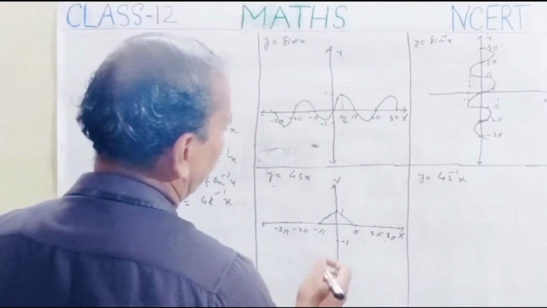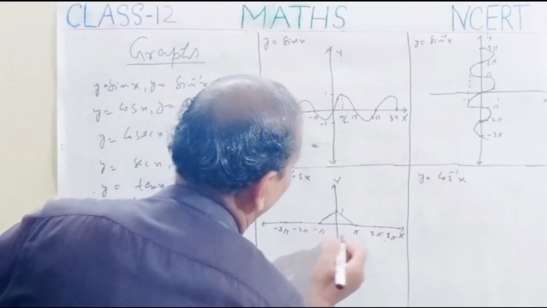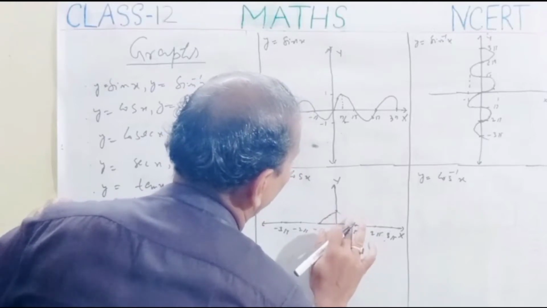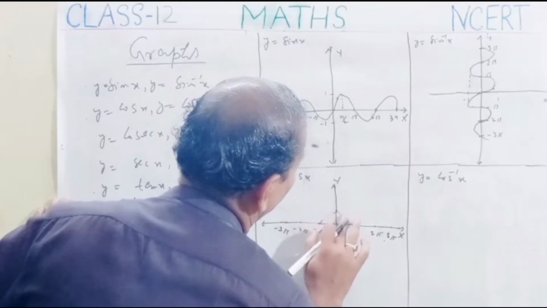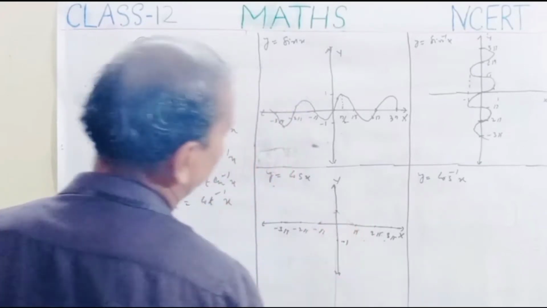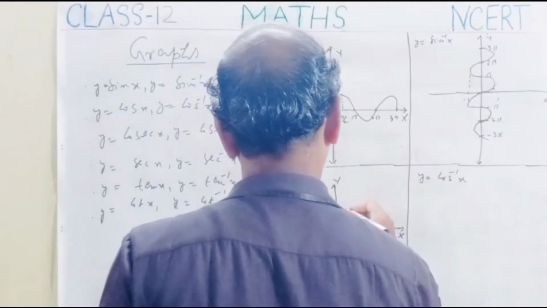At pi by 2 the value is going to be 0. Okay. So at this point cos of 0 is equal to 1. So obviously the value here will be 1.